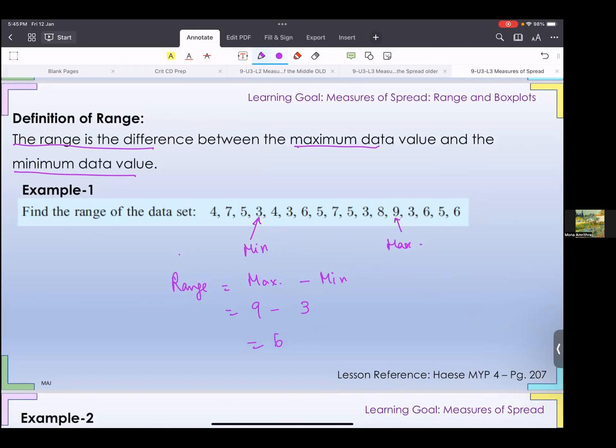Okay, so that means it just tells you that between the maximum and minimum, the spread is 6. So you have not 6 data values, rather the data is spread by a range of 6. Okay, that's the spread between the maximum and the minimum. Okay, moving on.